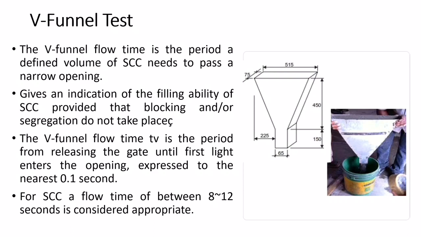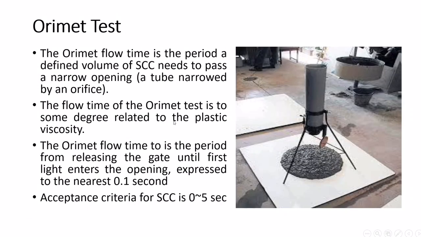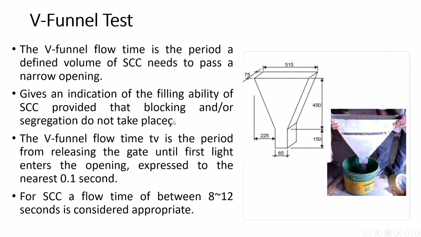V-funnel test. The V-funnel flow time is the period a defined volume of SCC needs to pass the narrow opening. This narrow opening's dimensions are 65 square millimeters, as you see in the figure. It gives an indication of the filling ability of SCC, provided that blocking and/or segregation do not take place.